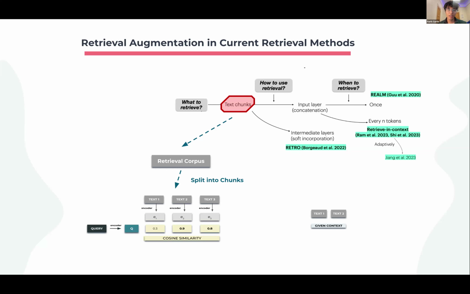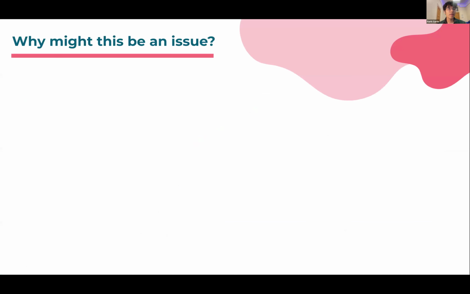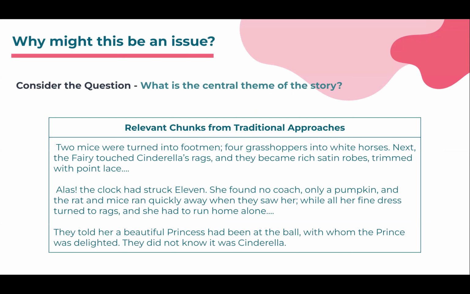So we're all very familiar with this sort of retrieval paradigm, but why might this be an issue? Let's look at an example. Let's consider the question, what is the central theme of the story? If we look at relevant chunks from this story, you can read the chunks: two mice turned into footmen, the clock had struck 11, they did not notice Cinderella. You can imagine this is from the fairy tale Cinderella.